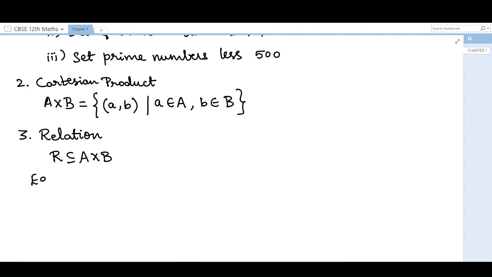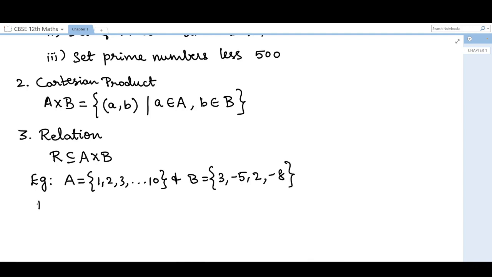For example, if I consider two non-empty sets A equal to {1, 2, 3, and so on up to 10} and B equal to {3, -5, 2, -8}, and now I define the relation R such that it consists of ordered pairs (a, b) such that a is related to b with the condition that a is less than or equal to b.